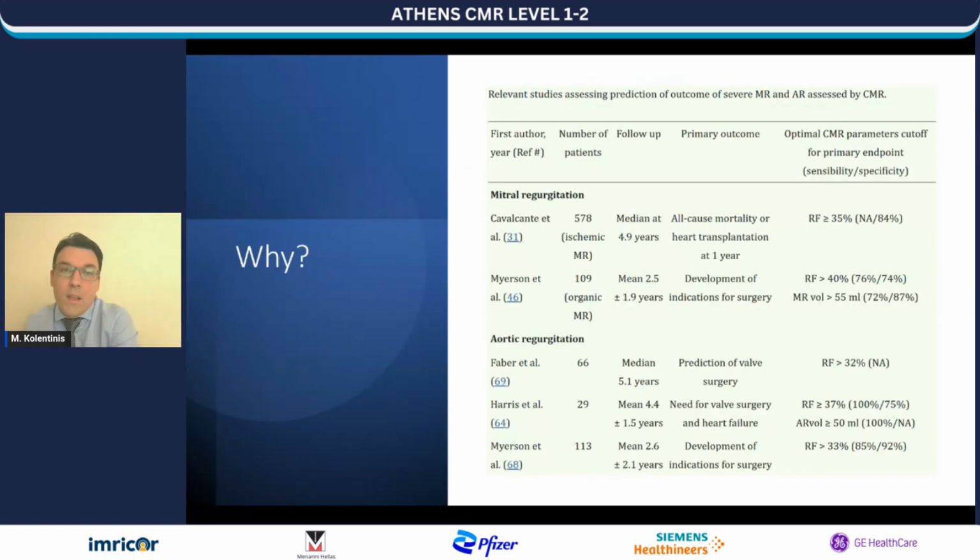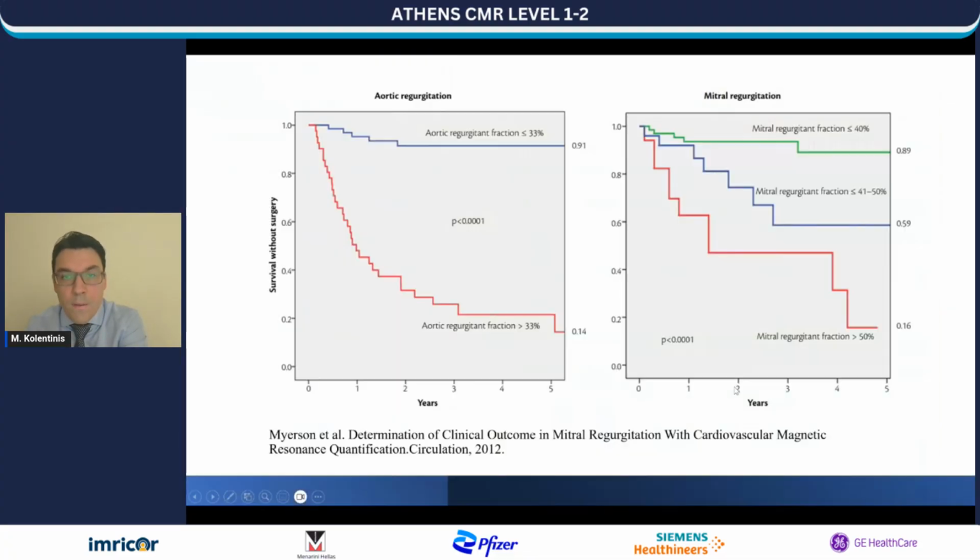And why is that? These are some relevant studies which try to answer the question of when the patients develop adverse outcomes. And for mitral regurgitation, most of them agree that over 40% regurgitation fraction, and for aortic regurgitation, somewhere in the mid-30s should be considered severe.